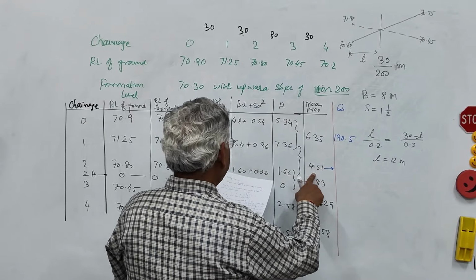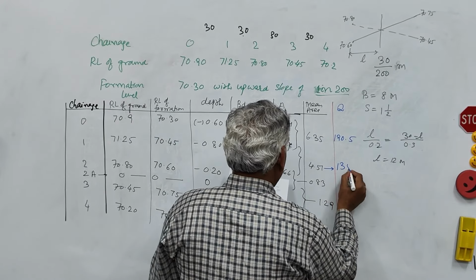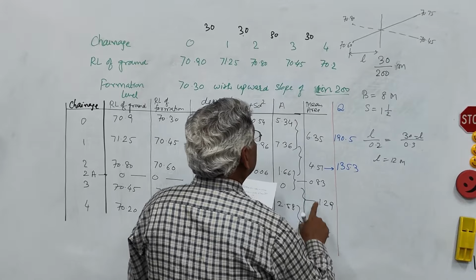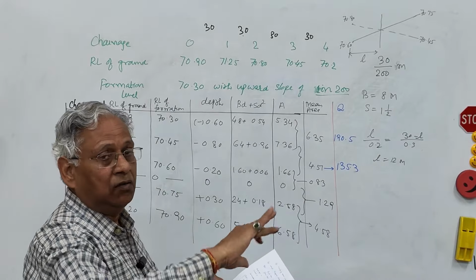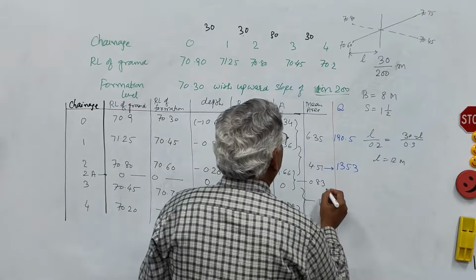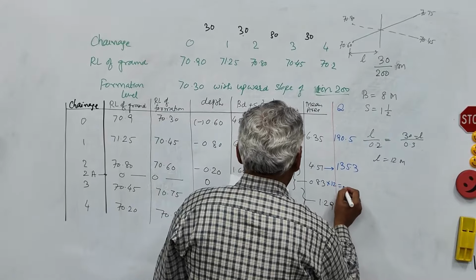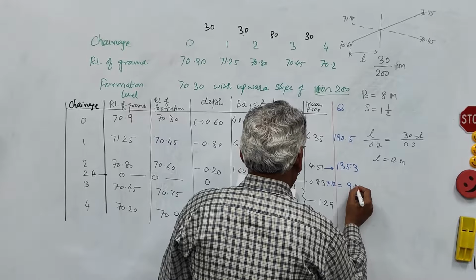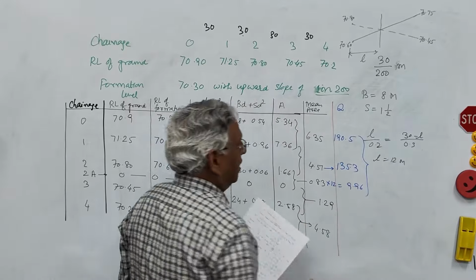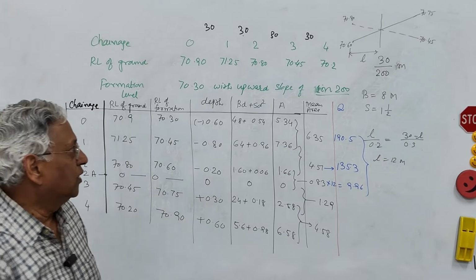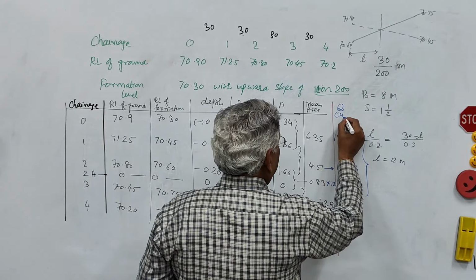Multiplied by 30, this is 135.3. 0.83 multiplied by 12 because now the length is only 12. So this multiplied by 12 is 9.96. Now this is the part which is in cutting. So you can say quantity in cutting.